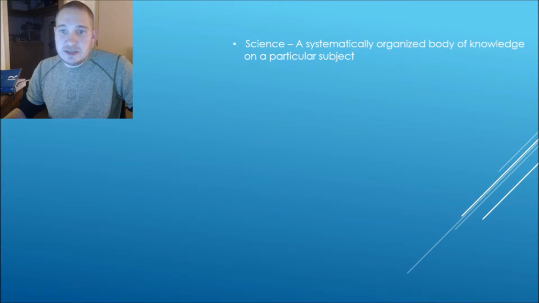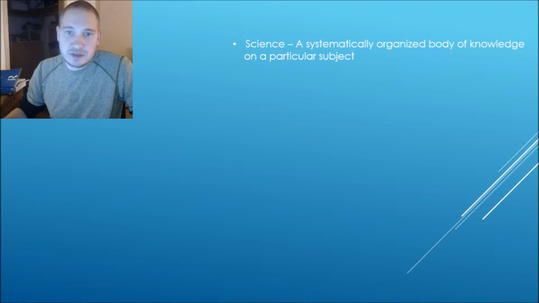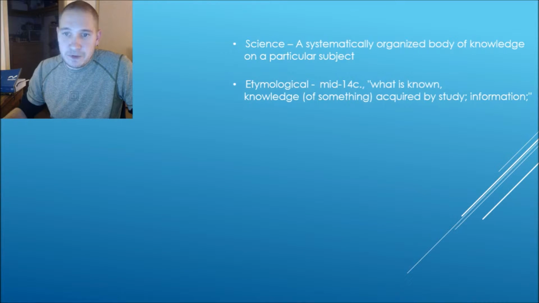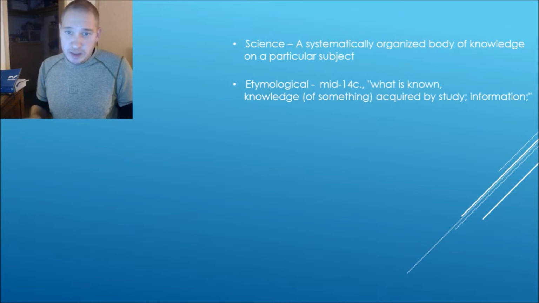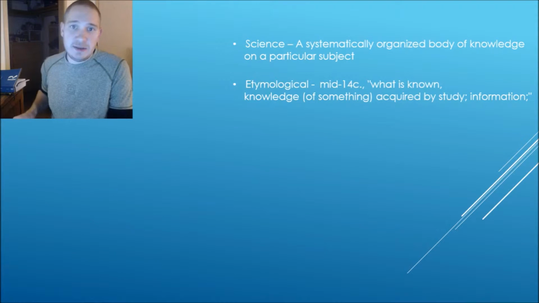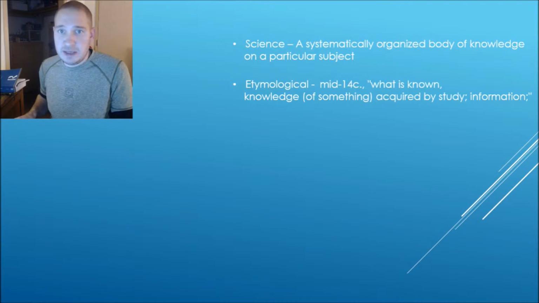Definition of science: a systematically organized body of knowledge on a particular subject. Etymology is the study of the history of words. So etymology would show you the meaning of a word at its outset, and then how that meaning has changed over time.